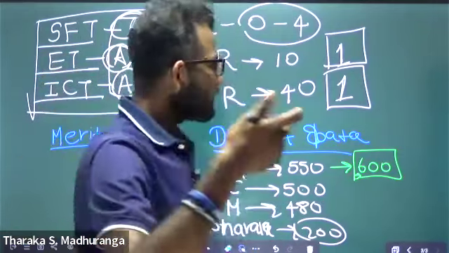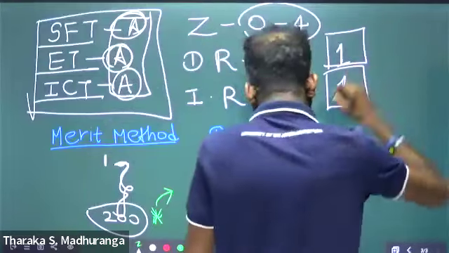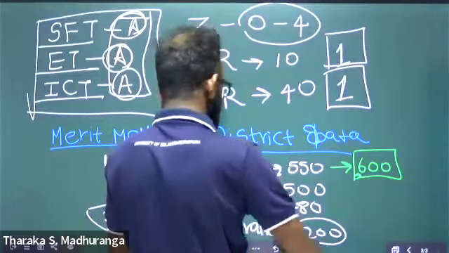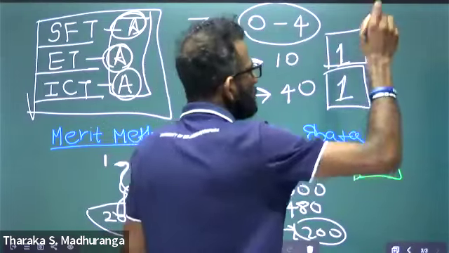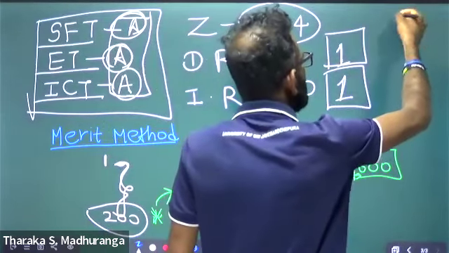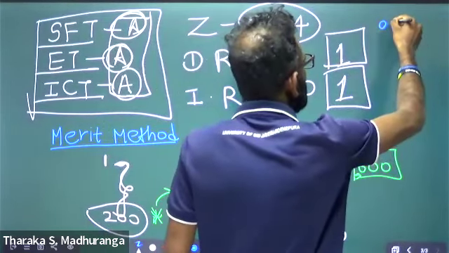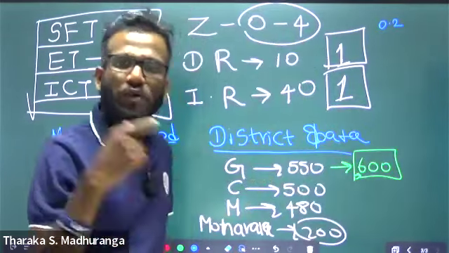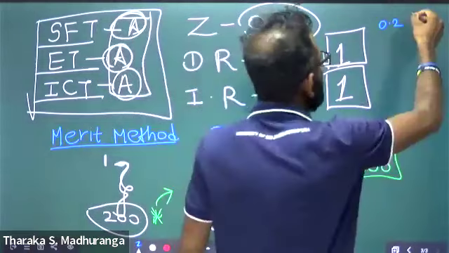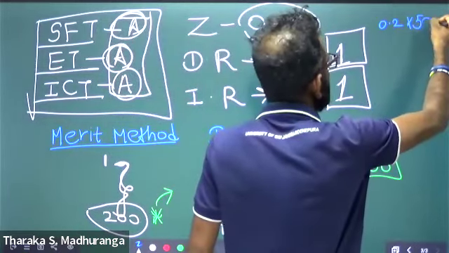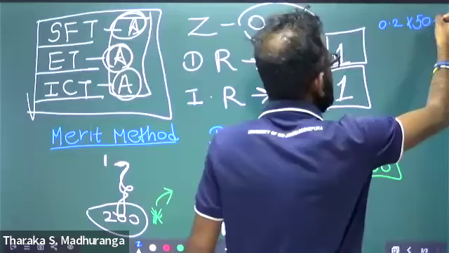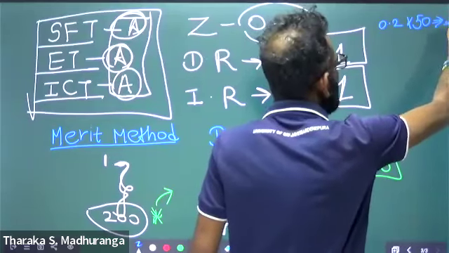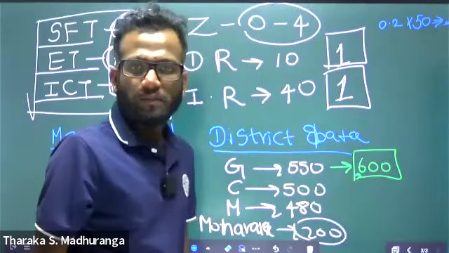Think, for example, of SFT. The Z value for 1 mark changes year to year. Think it is 0.2 for 1 mark. Then if you got 50 marks, 0.2 is multiplied by 50, and that value is your Z value for SFT.